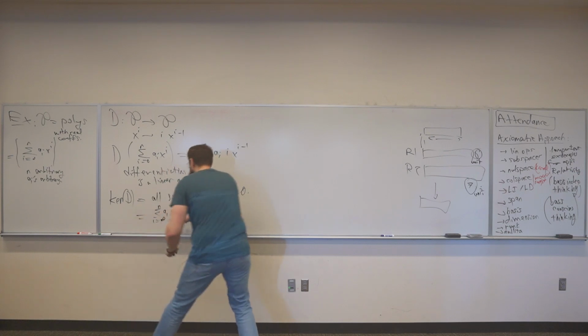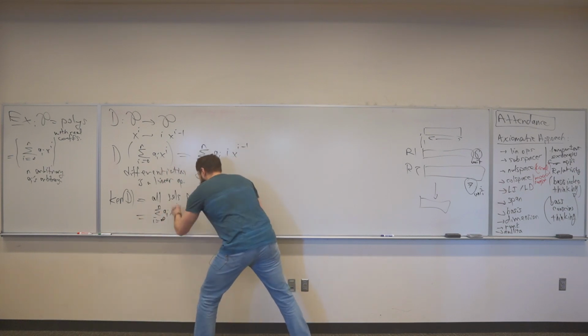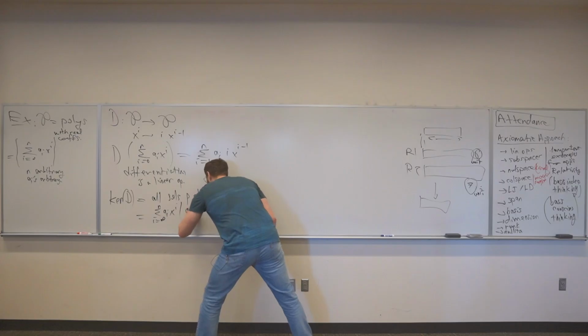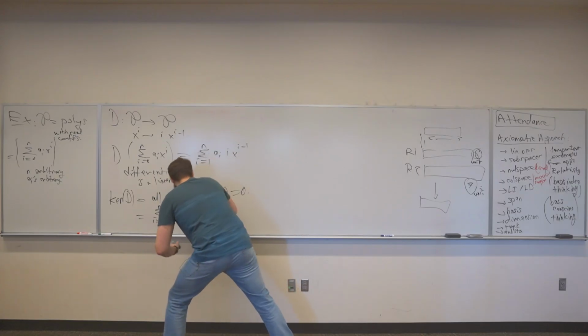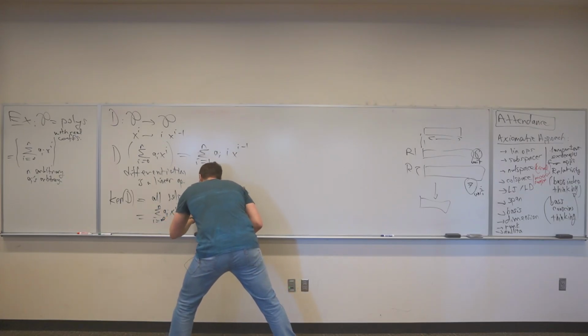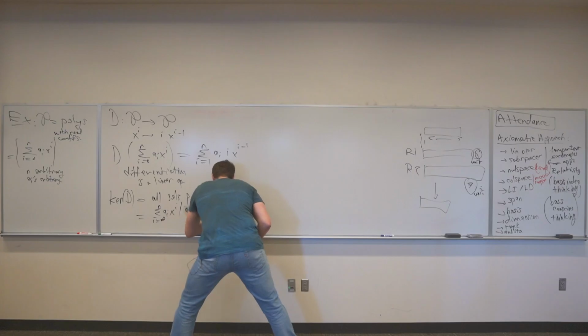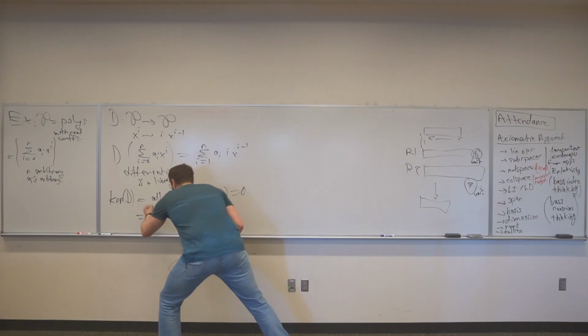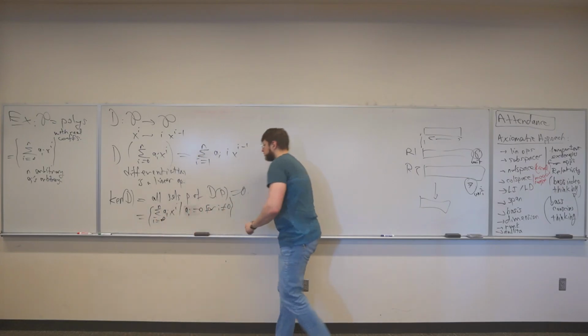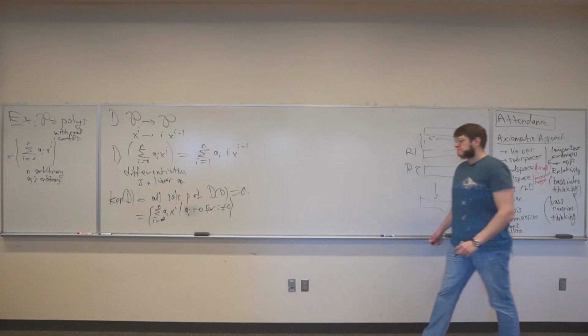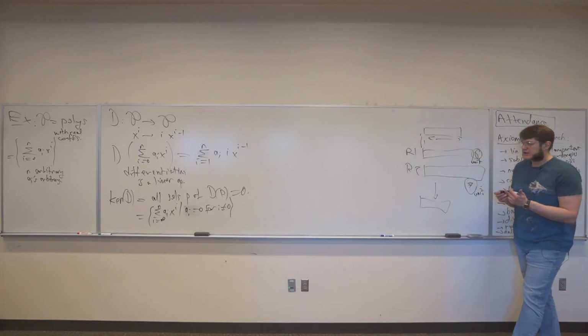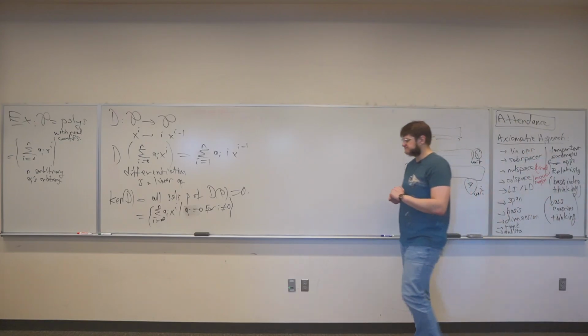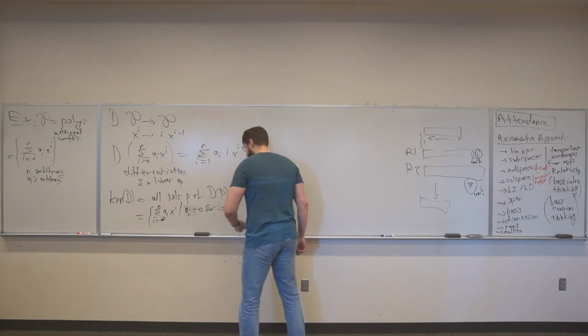So you start with a polynomial like this, but a_i is 0 for i not equal to 0. All but the 0th indexed coefficient is 0. Constants.